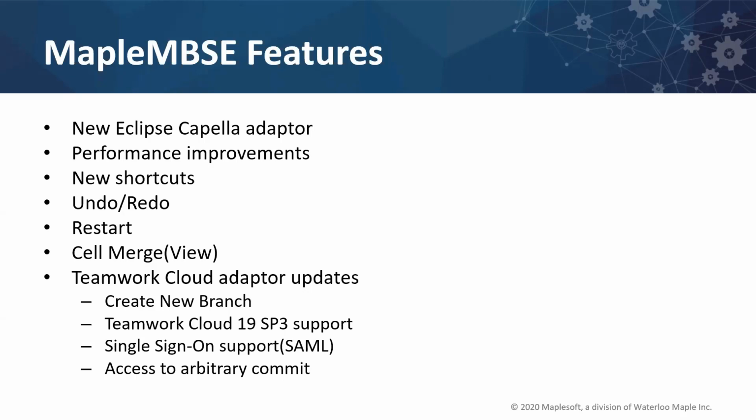And the next feature is cell merge. What we mean by cell merge is, if you have used previous versions of MapleMBSE or the current version, in the tables there will be certain redundancy that you see between hierarchies or between the tables.